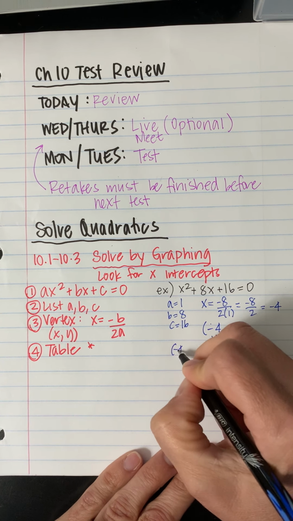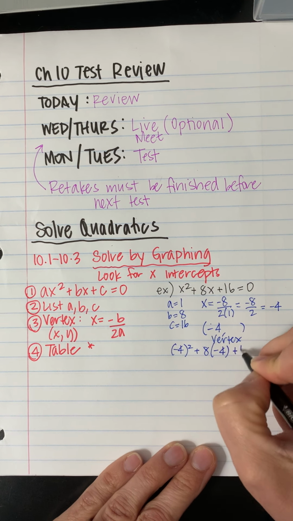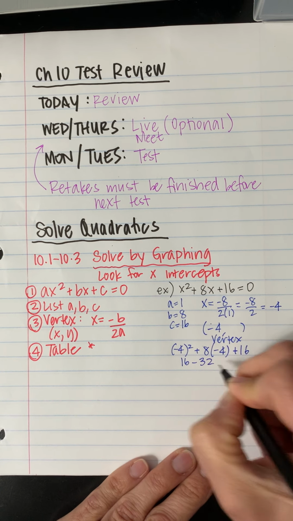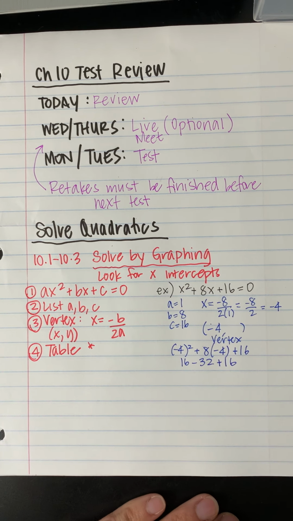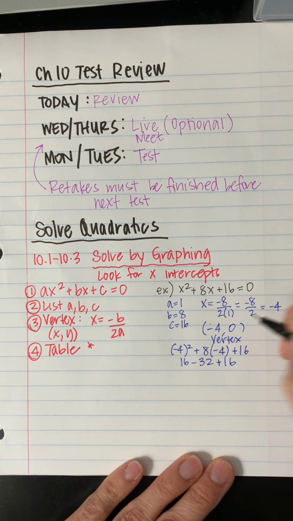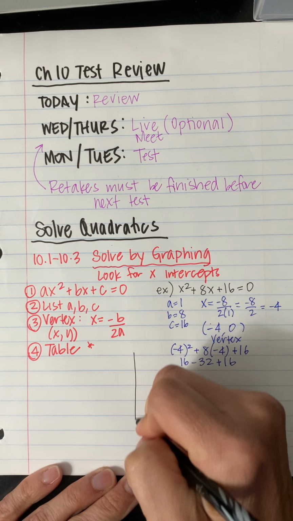So I'm going to do negative 4 squared plus 8 times negative 4 plus 16. So it'll be 16 minus 32 plus 16. Well, this one's kind of a strange one. This one ends up being 0, is the vertex. I forgot this one did that.